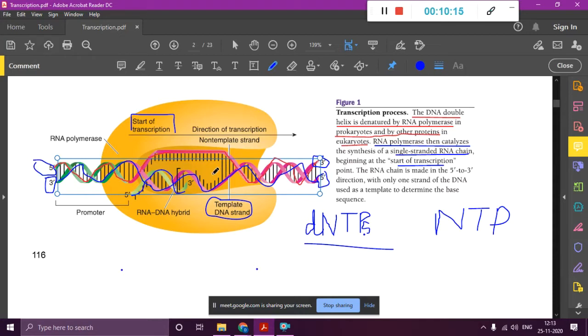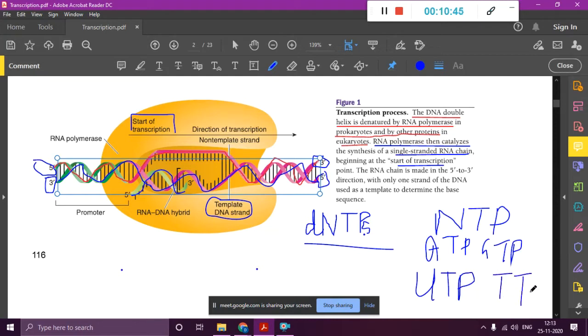Now, who are the NTPs? ATP, GTP, CTP, and you don't have a TTP, you have a UTP in RNA, and in DNA you have a TTP.